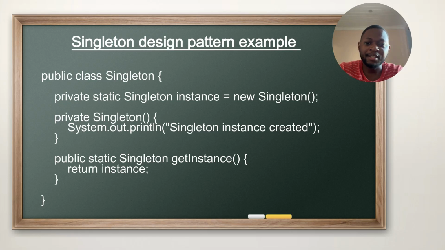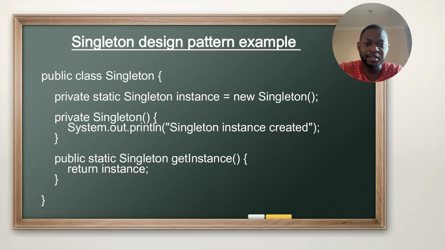The moment this class is loaded on the JVM, a new singleton object is automatically created with the class, and we can access that object through the static method right below, get instance. That is how we can access that variable that is created with the class. That means we can't alter the instance variable.